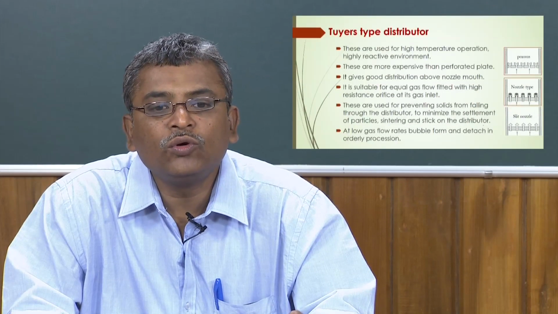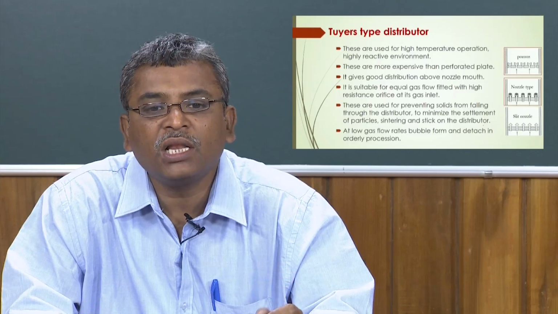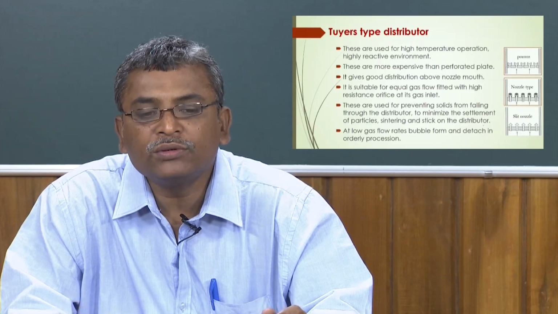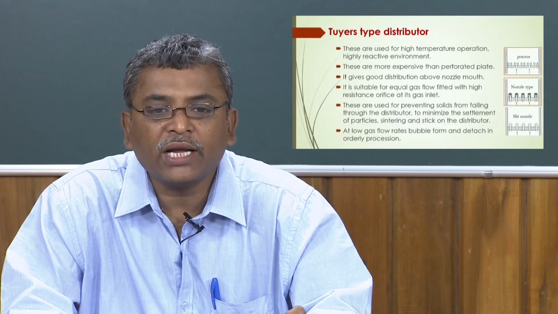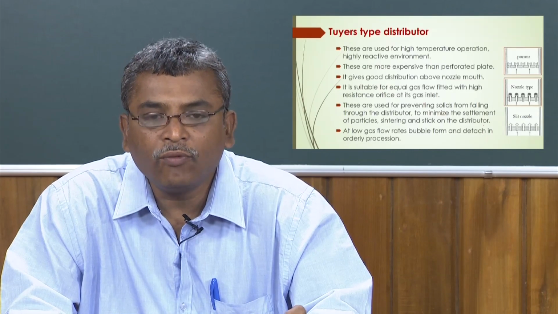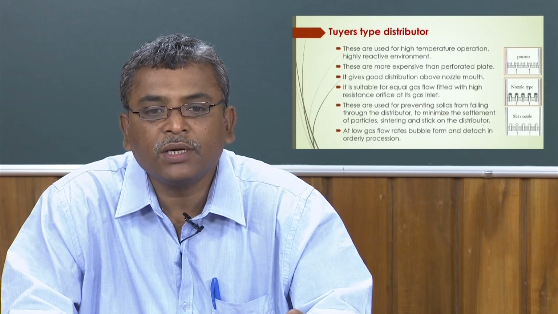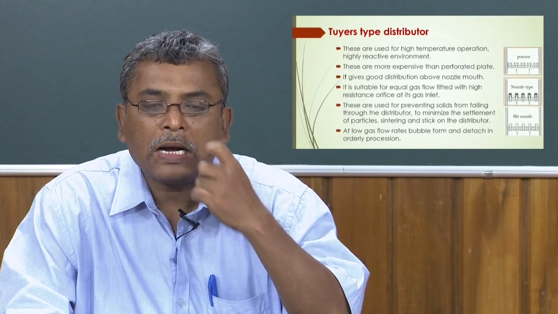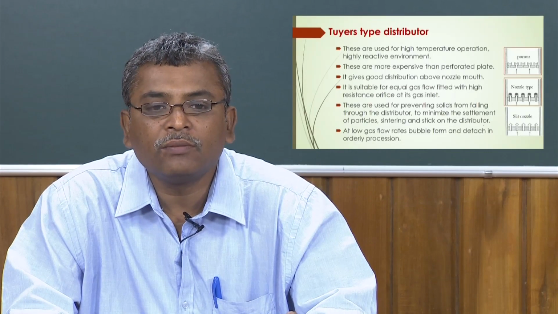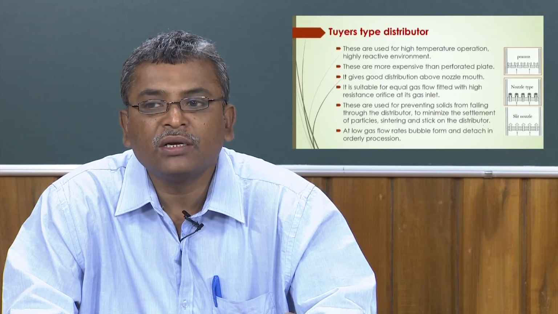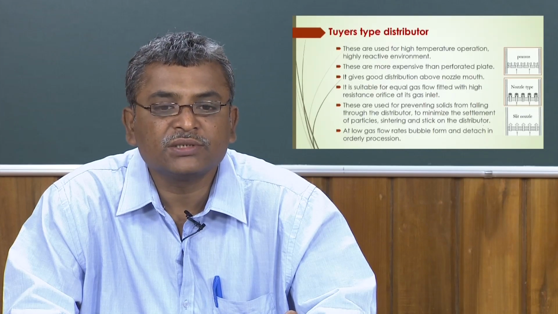It gives good distribution above the nozzle mouth, and is also suitable for equal gas flow through the distributor. And if high resistance orifices are used for this type of tuyeres, then you can evenly distribute the gas inside the bed.